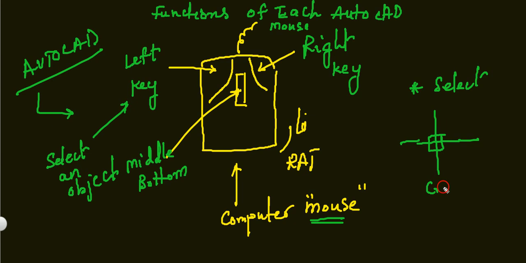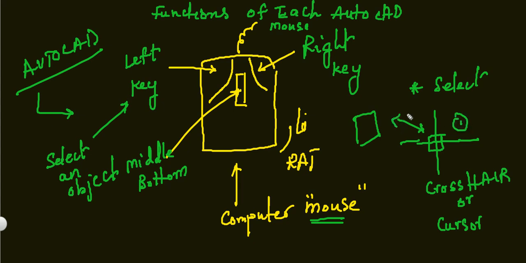Actually the official word is crosshair, but many people call it cursor. When you select an object, this will change like this. This will change only if you click once with the left key.